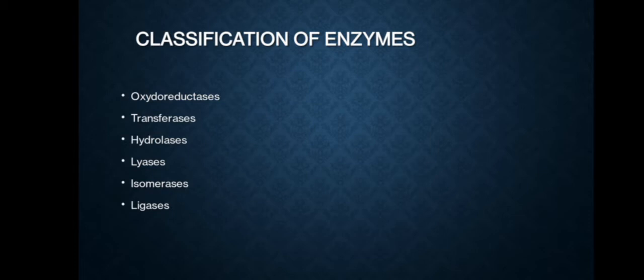Third is hydrolases, where a hydrolytic reaction is done. Fourth is lyases, addition or removal of groups to form a double bond. Fifth is isomerases, transfer of groups within molecules to yield an isomeric form. And sixth is ligases, condensation of two molecules coupled through ATP hydrolysis. So these are the classifications of enzymes.